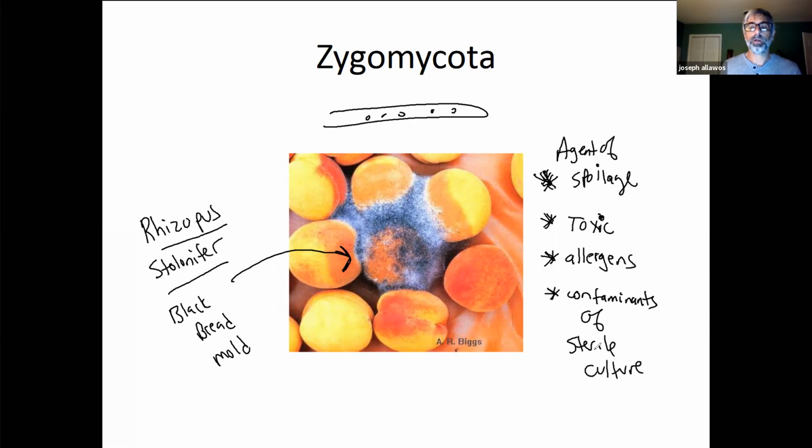All over the world, there are sterile labs where they're growing bacteria or other microbes, maybe other fungi for research or science. What happens when one of these little spores, boom, gets into the petri plate? Well, what happens is it contaminates the petri plate, and then you have to throw that petri plate away. You lose that culture.